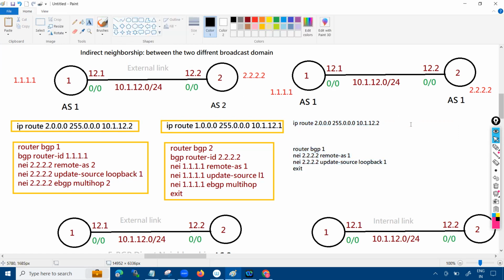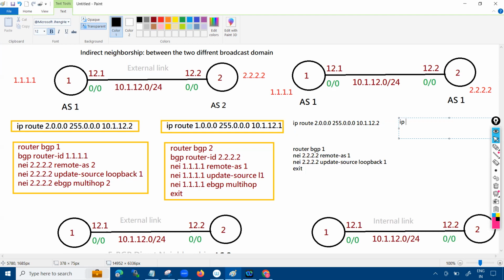Same thing on router number 2, now we can do that with the IP route. All done. Update source loopback number 1.